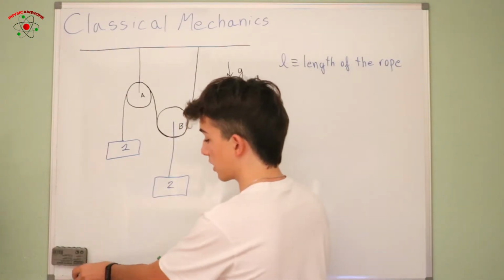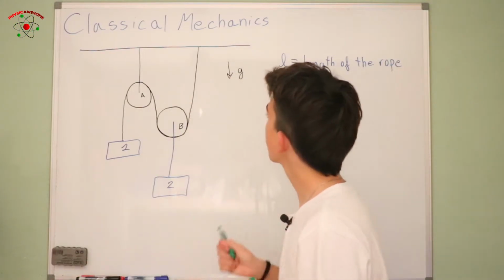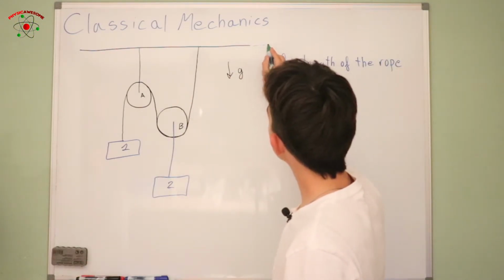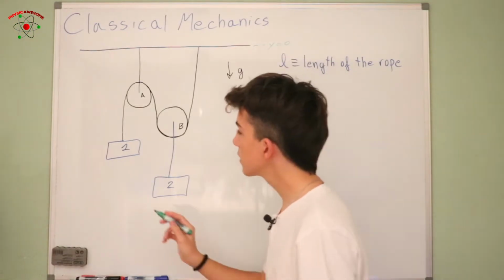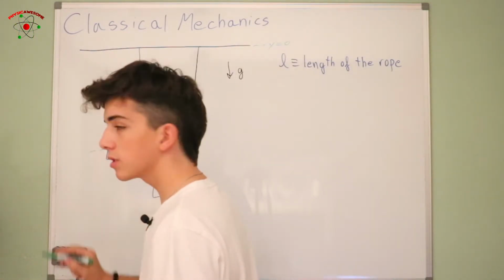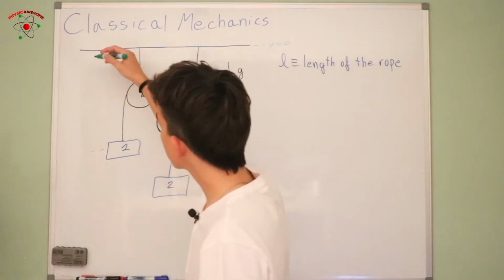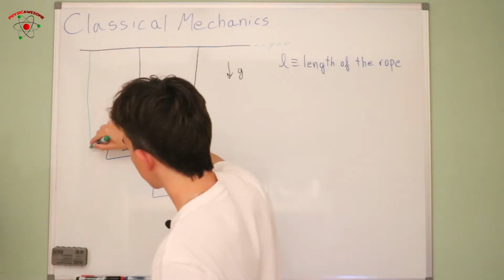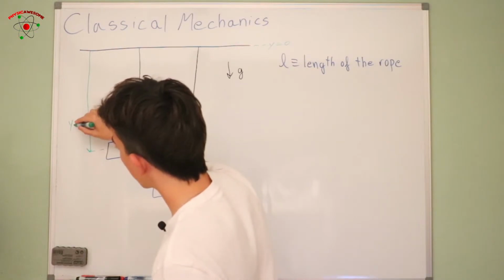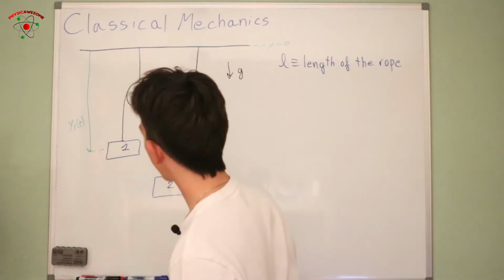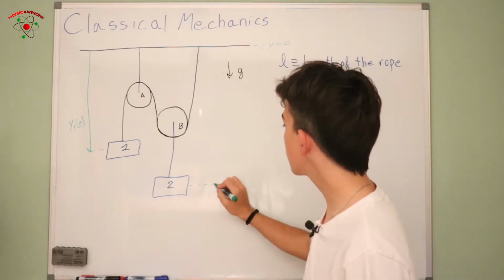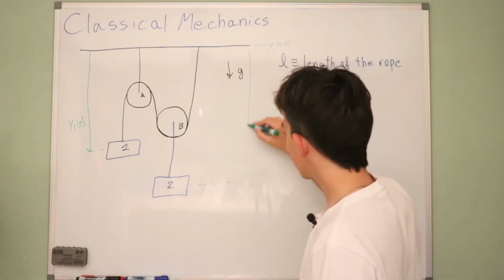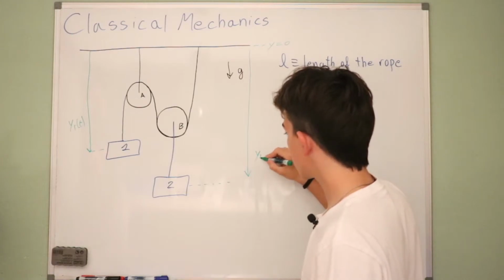And let's denote some position vectors. Let us assume that this is y equals 0, and we will denote the position of our object 1 as y1 of t. Similarly, we will denote the position of our object 2 as y2 of t.